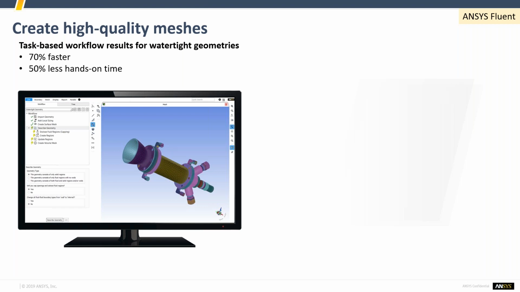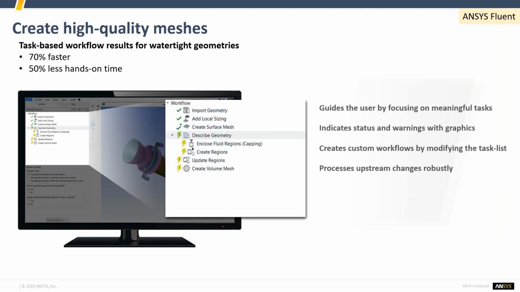So yeah, the high quality meshes here. Basically you're saving, it's 70% faster. And I have to admit that I did not test this myself if it was exactly 70%, but what we see is that you do a lot less clicking. In the old workflow, you would have something like 400 clicks, and with the new workflow, you only need 40 or 50 clicks in order to do the same mesh.